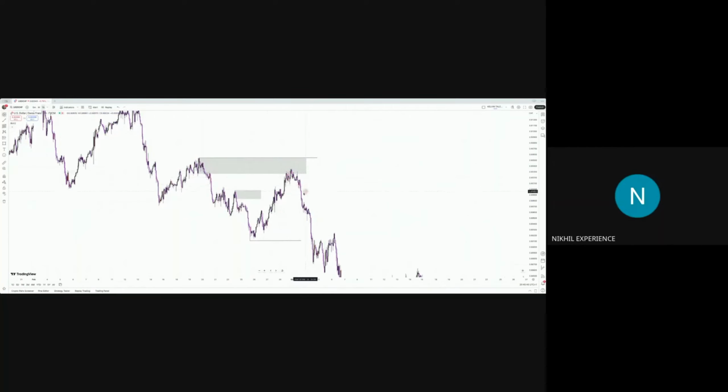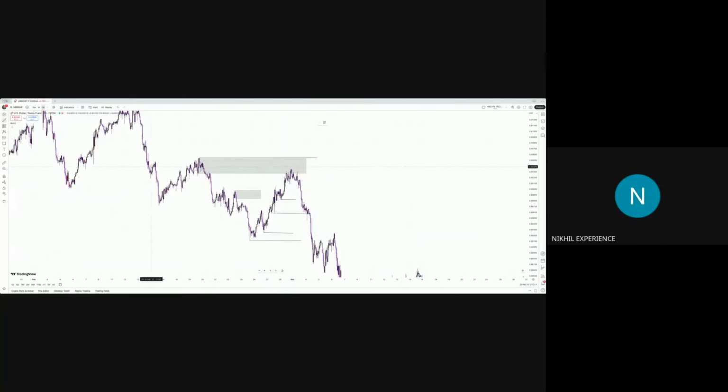And after respecting the base, while it was going up, the substructures were printing this: another internal range, internal range again, internal range. Take note, everybody's stop loss is below here, below here, below here, right?